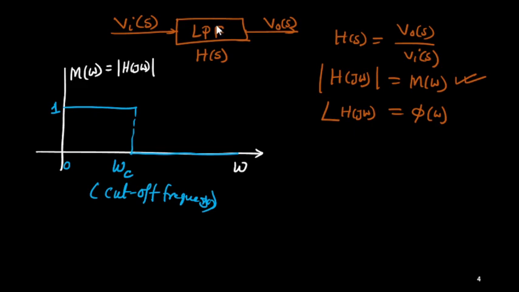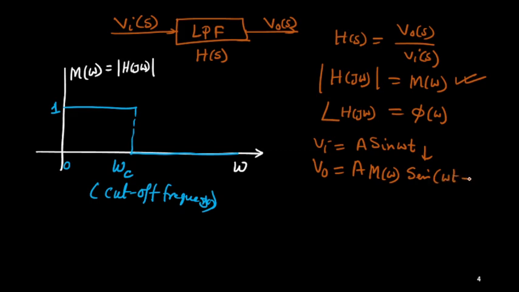We have already discussed that the output is given by this. If the input Vi is A sine omega t, then the output will be A into M of omega, and the sine will remain sine of omega t plus phi. If M of omega is 1, then it will remain magnitude A. But if M of omega becomes 0, the output will become 0, meaning that signal will not pass through.